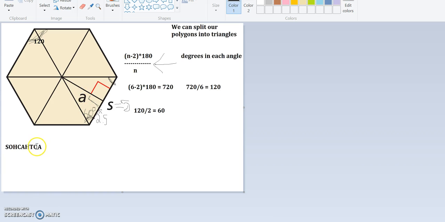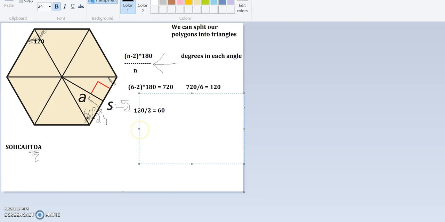Opposite over adjacent is tangent. So that's going to be my big focus right now. And to find A, so I'm finally getting there, I know that the tangent of this 60-degree angle that I went through and found is the same thing as opposite, which is A, over adjacent, which is 2.5.